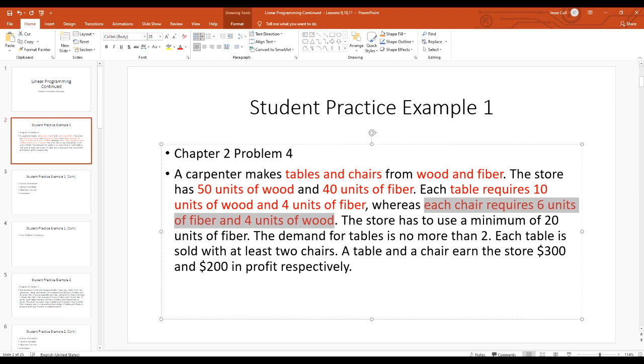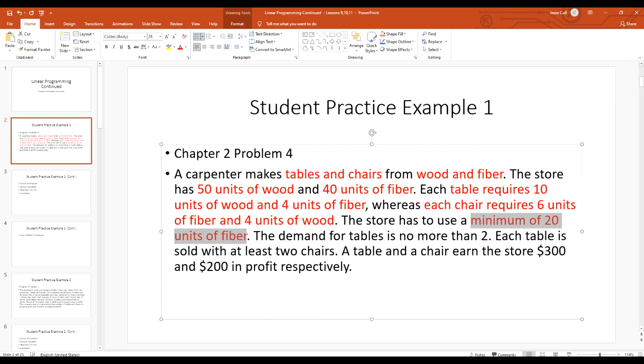The store has to use a minimum of 20 units of fiber. When we see the phrase minimum, we generally assume this is another limitation. It is the smallest amount we can use. If we use less than that, we do not have a valid solution.